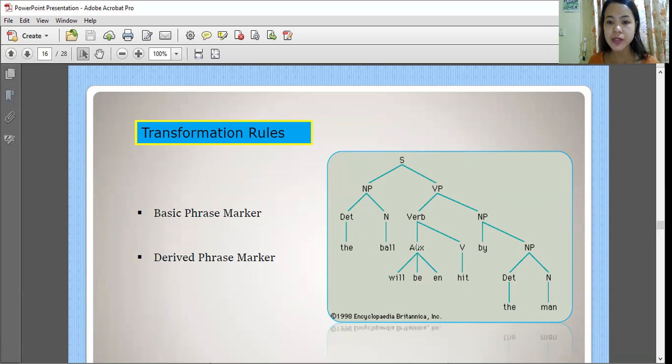We combine the auxiliary verb and verb to become a verb. And "the" is a determiner, "man" is a noun, we combine all, it becomes a noun phrase. Noun phrase is connected with a preposition, it becomes a prepositional phrase. Verb with prepositional phrase becomes a verb phrase. Noun phrase with the verb phrase becomes a sentence.